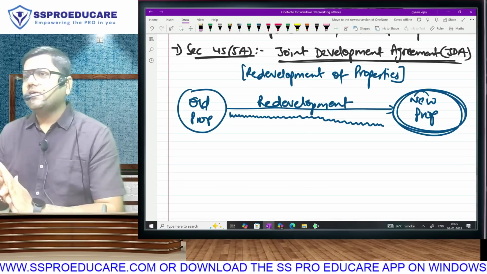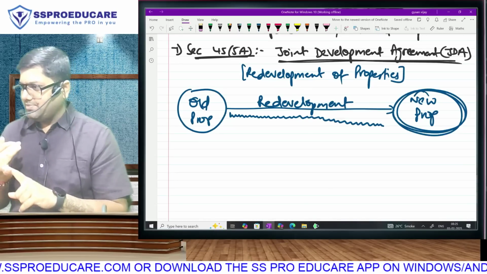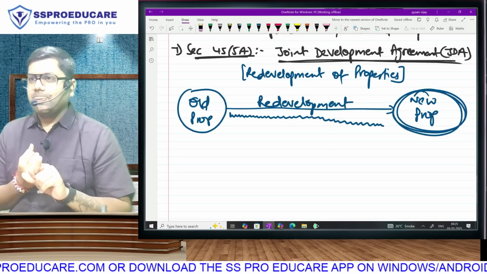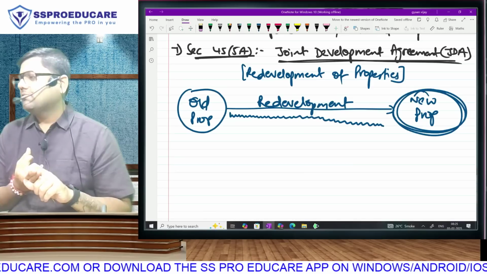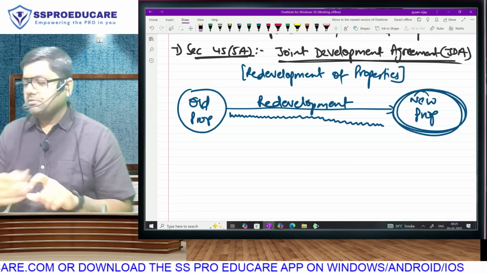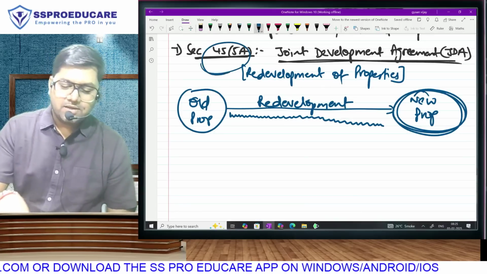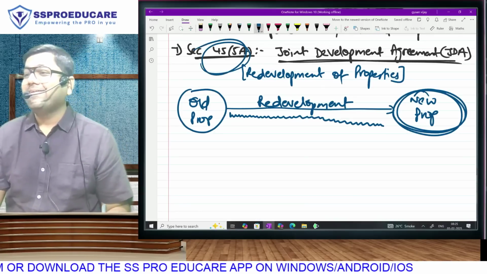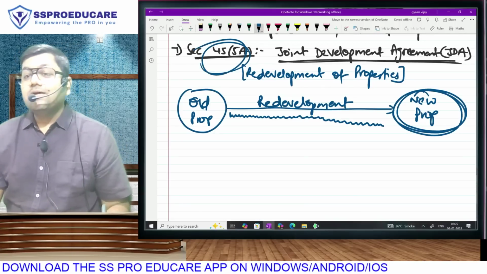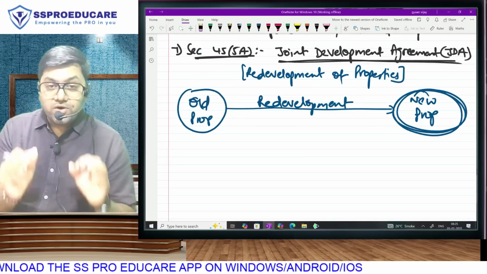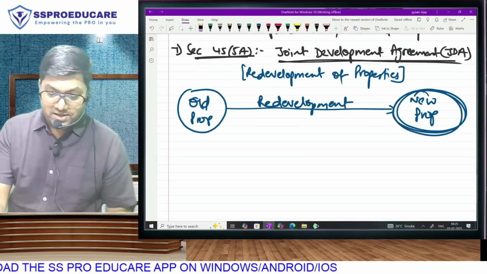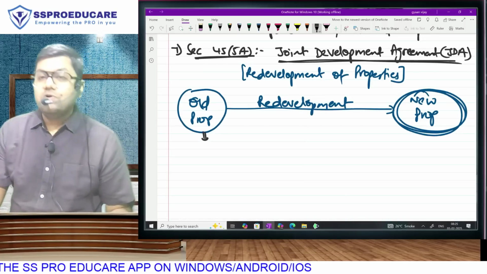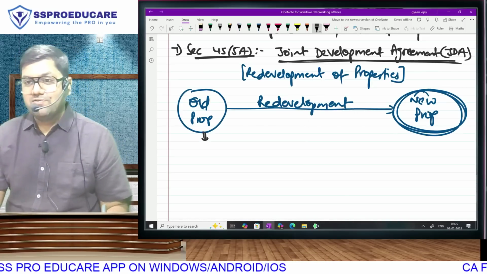Finally, government said, bro, listen, exempt income, house property, IFOS, capital gain. This is capital gain. This is going to be assumed as a transaction where you have sold your old property to the developer.